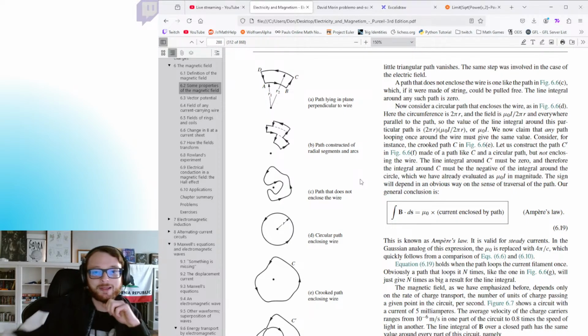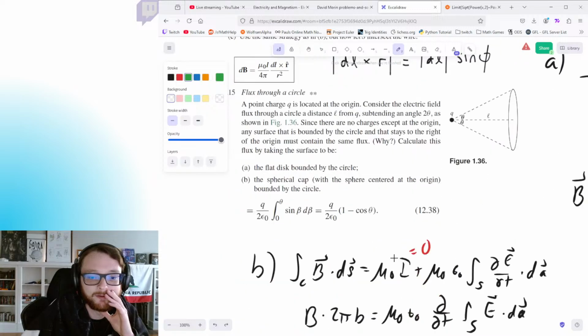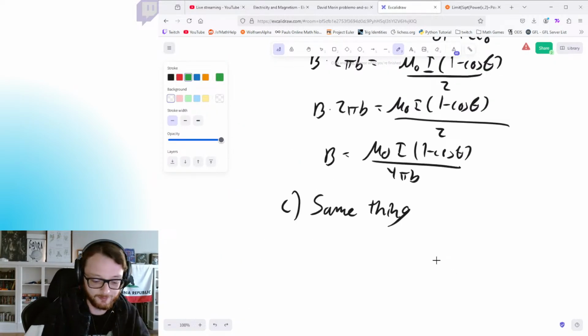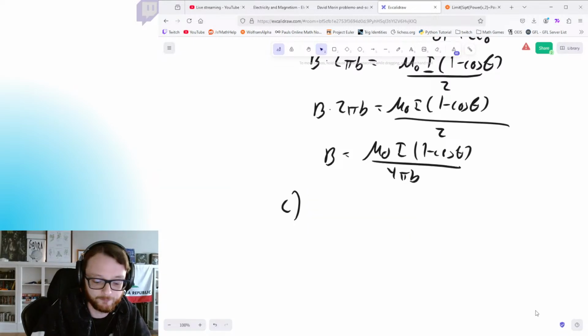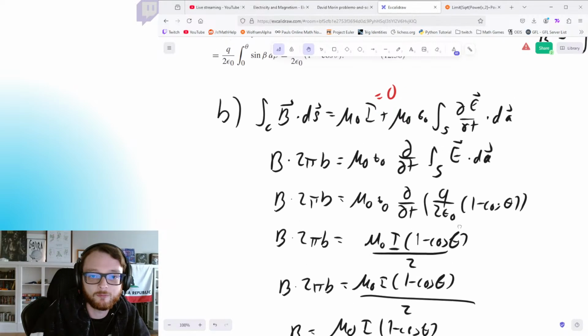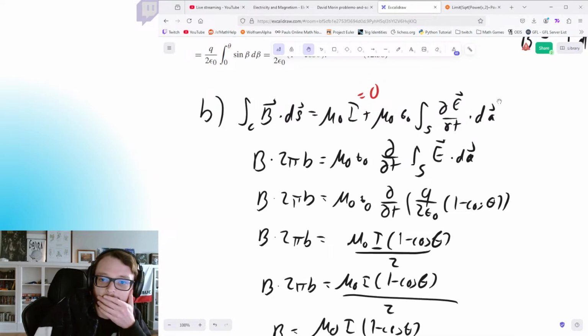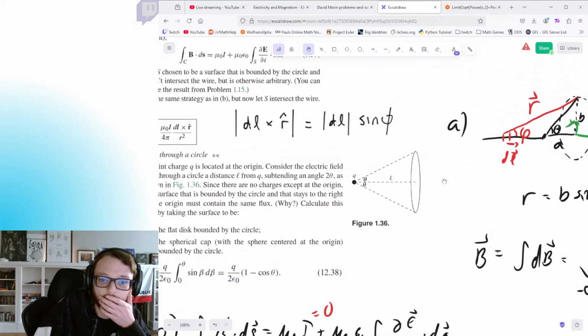So I wonder what's going to be like that. Initially for part B, we had the extra mu naught I term. It was becoming too much. This time, we're going to have the mu naught I term, but I think we might be subtracting off the displacement current because of the orientation of the surface.